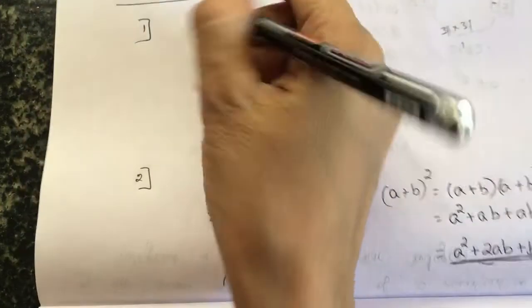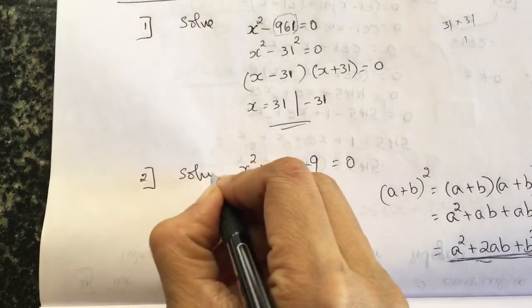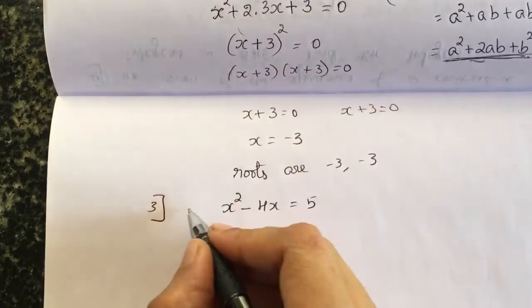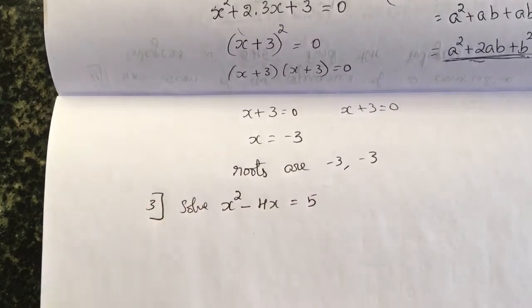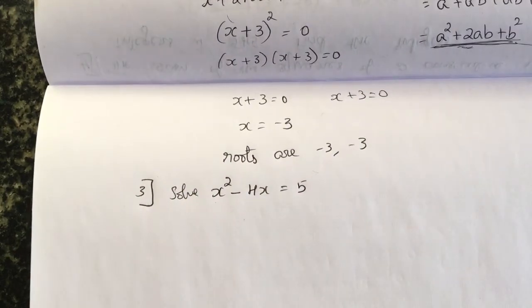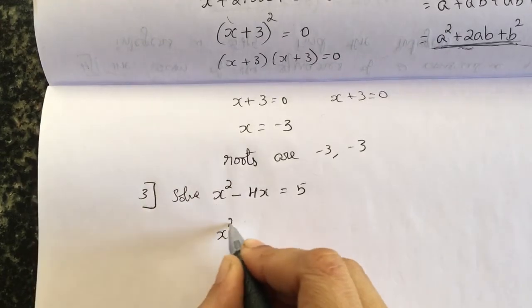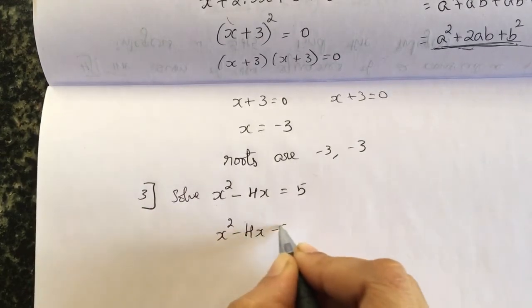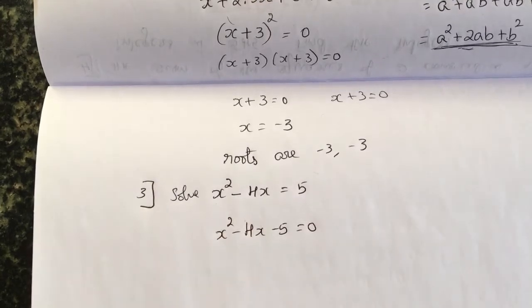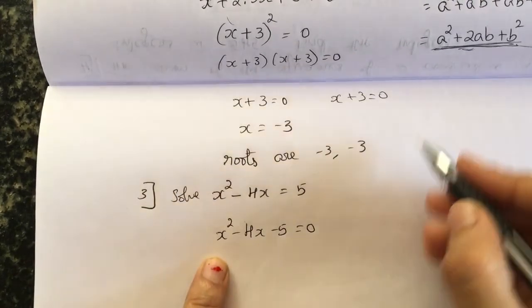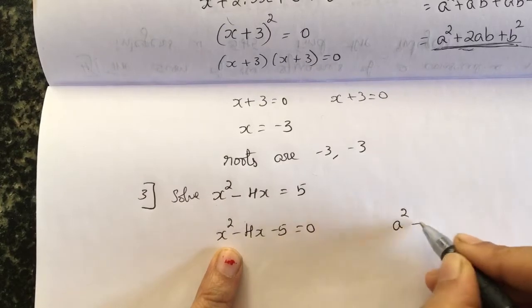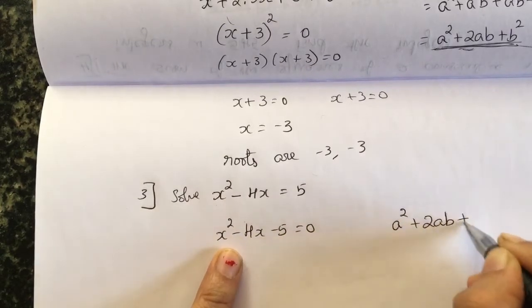Solve for x by using the completing square method. Now if I write it like this, x square minus 4x minus 5 equal to 0, then I have to check whether I can write it in this form or not.